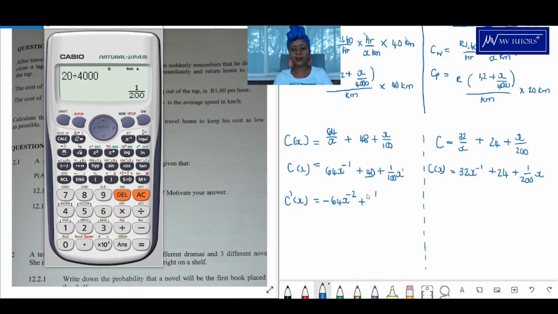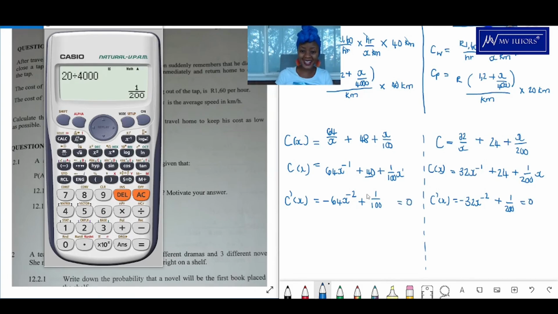I'm going to multiply by the constant, and I have x to the power 1 minus 1, which is x to the power 0, which is 1, so I'm not going to write that down. And on this side, same story, negative 32 x to the power minus 2. The constant falls out, and I have 1 over 200, and that's equal to 0.